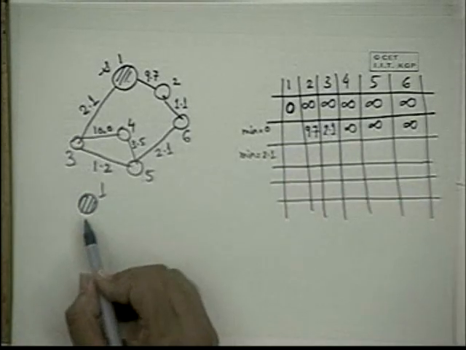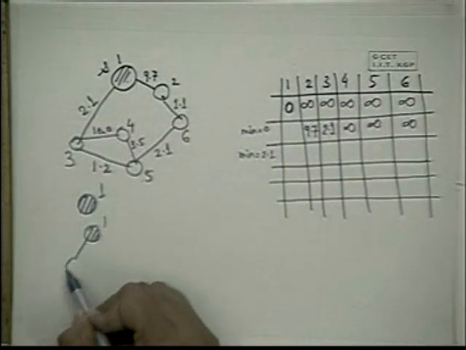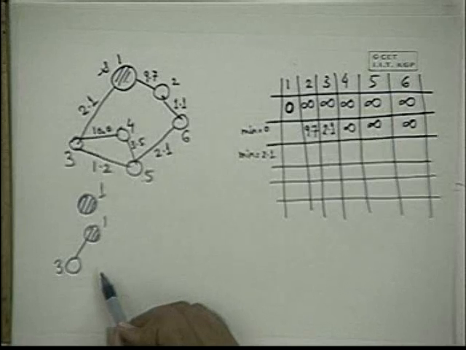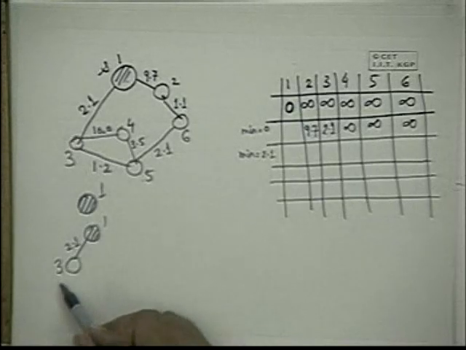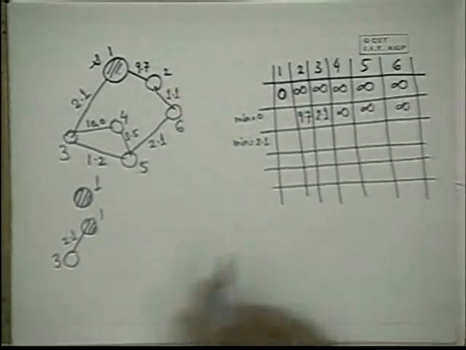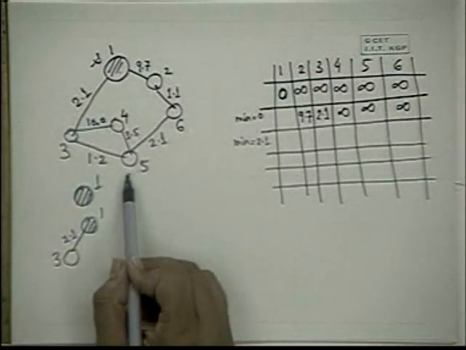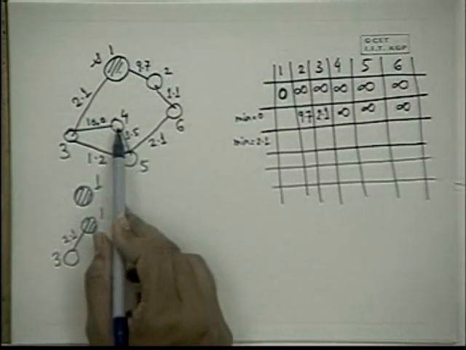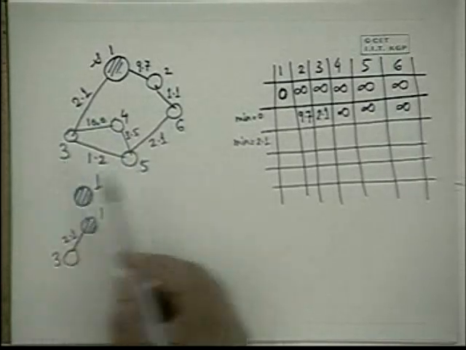So the next thing: you have 1 here and you have chosen 3 with the edge weight 2.1. So this is your tree at this point. When you choose 3, you will update the weights of 5 and 4, the two neighbors of 3.